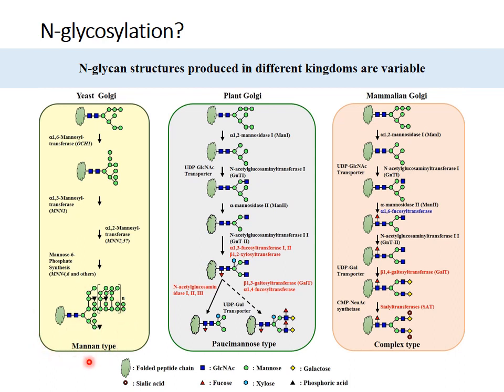In the case of yeast, it becomes a high mannose type, and in the case of plants, it presents plant-specific alpha-1,3 fucose and beta-1,2 xylose residues. And mammals have an alpha-1,6 fucose residue. These plant-specific residues have potential immunogenicity.